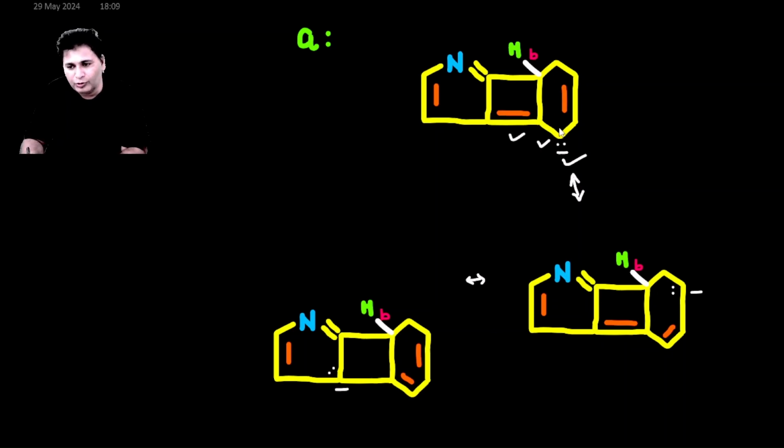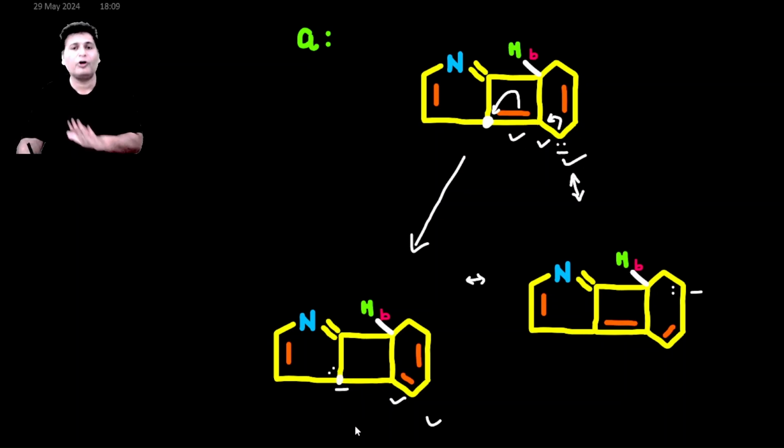So you have to delocalize these electrons like this, and simultaneously these electrons will sit on this particular carbon, bringing a lone pair on it as well as a minus formal charge. So from this, you will get a resonating structure. I have drawn it here. You can simply see a new pi bond has come. The old pi bond went away and sat on this carbon as a lone pair.